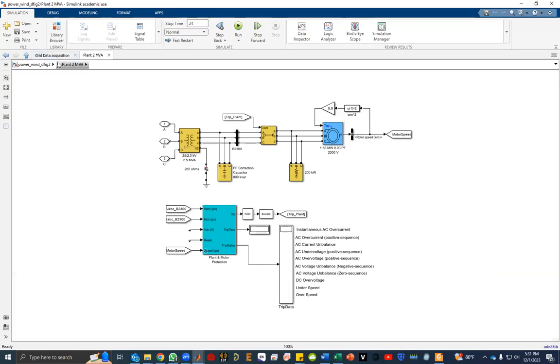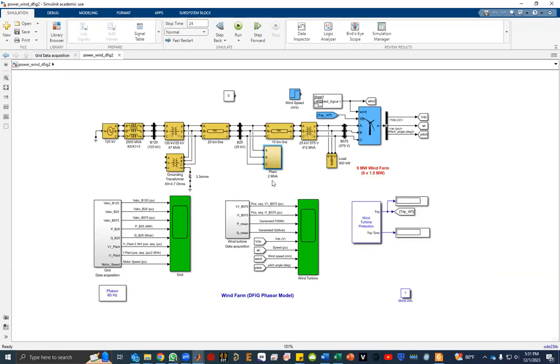This is an induction machine, and this plant is 2 megavolt-ampere. And we have another load, which is a resistive load of 500 kilowatts. So now the power is coming from this side and this side.